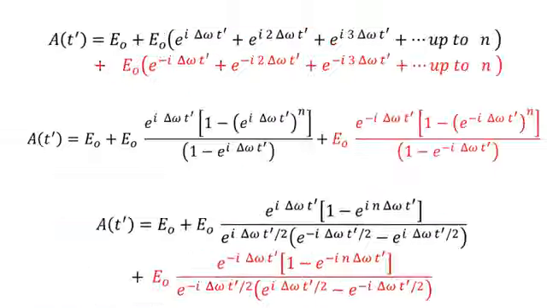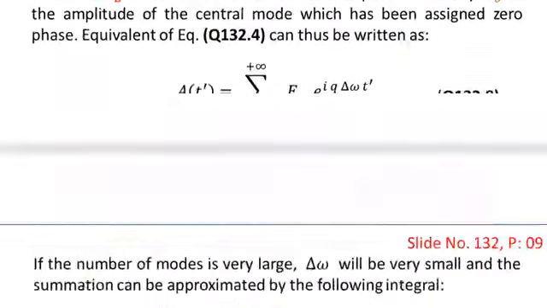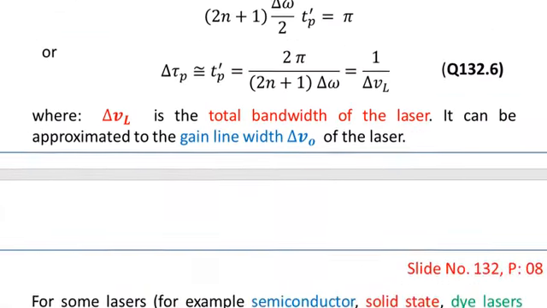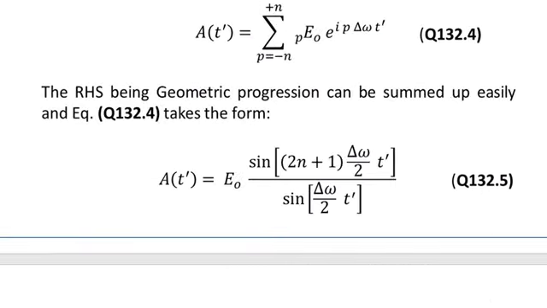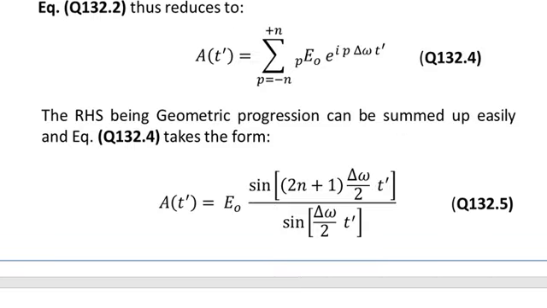So let me go back to equation number 5. For example, this equation. From equation number 4 to equation number 5, I have given you the proof of how we can obtain equation number 5 from equation number 4 by summing up the geometric progressions.